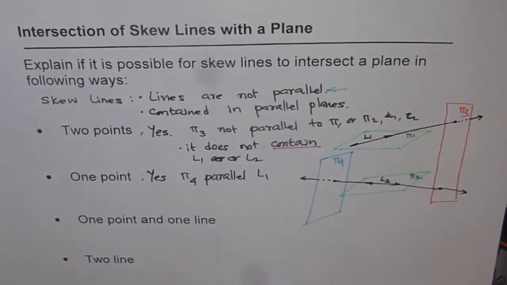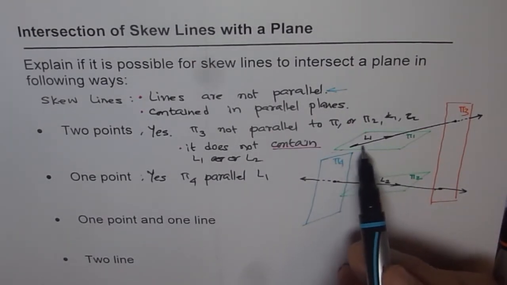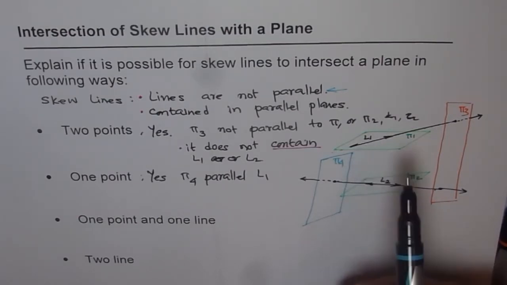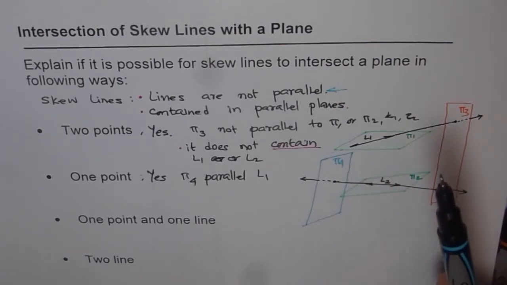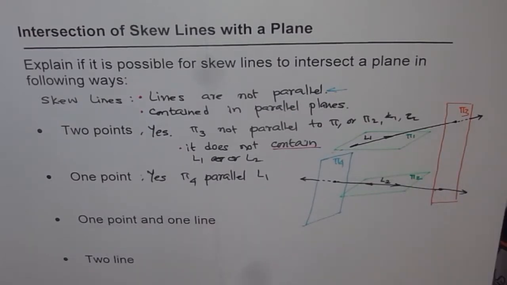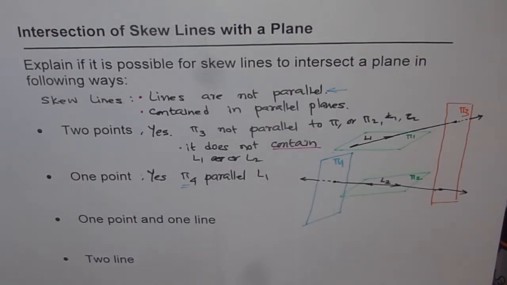My plane is parallel to one of the lines but not to the other, so it will not intersect that particular line. Imagine a line on this paper and a plane slightly above it. The line is never going to intersect the plane slightly above it. So it can intersect at 1 point, which I am showing by this pi 4, correct?